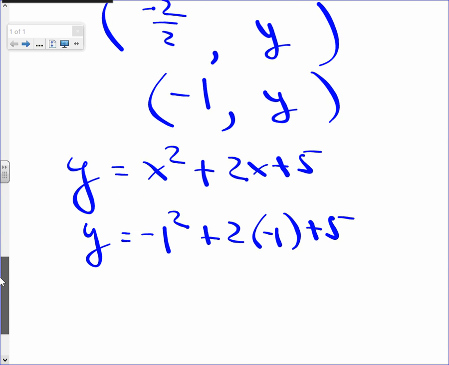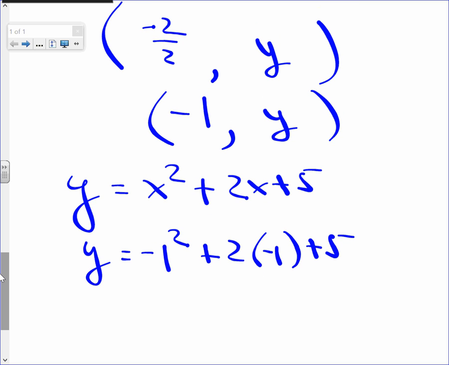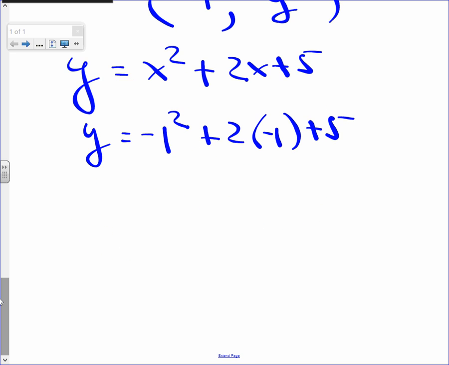So, Castillo, what were you saying? One more time? No, we're replacing x with negative 1. We're substituting x with what x is. What's negative 1 times negative 1? Remember, this is negative 1 times itself. Careful. This is not negative 1 times 2. You guys are math 2 students. This means negative 1 times itself.